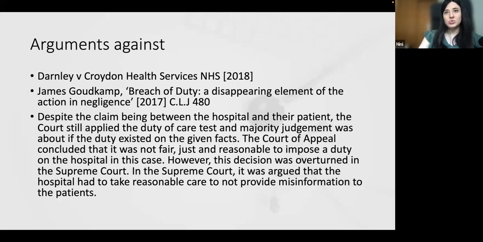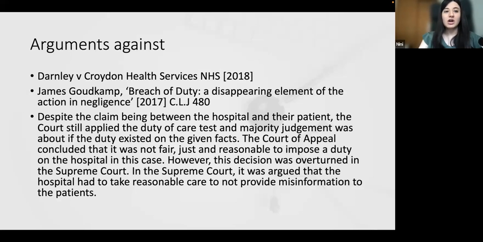And he didn't want to wait 4 to 5 hours, and he left. But in reality, he should have been seen in 20 minutes. So he was misinformed about the waiting time. That then resulted in a worse outcome. So he was suing that if he had been seen in time, the outcome would not have been this bad. So he suffered harm because he did not receive the treatment in time.